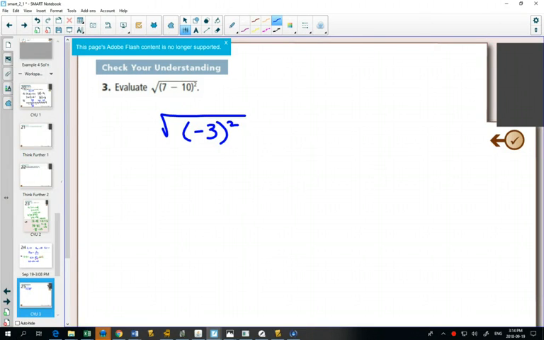And if I do negative 3 times negative 3, I get 9. And the square root of 9 is 3. Okay? So this isn't so bad.